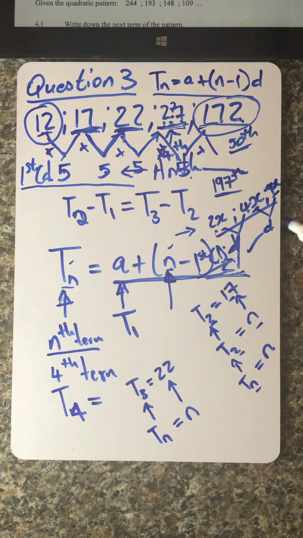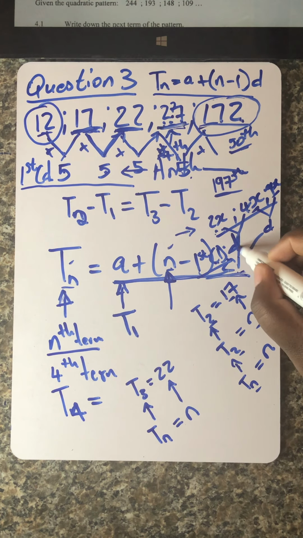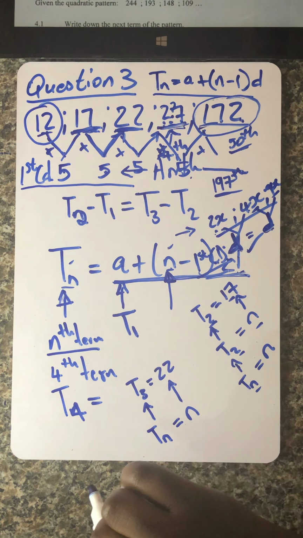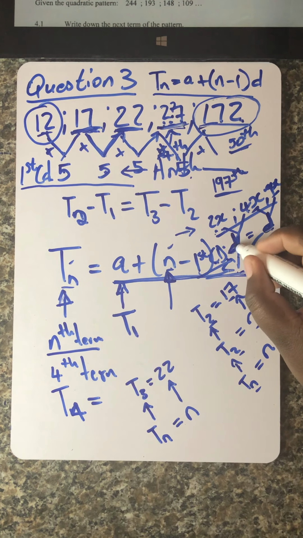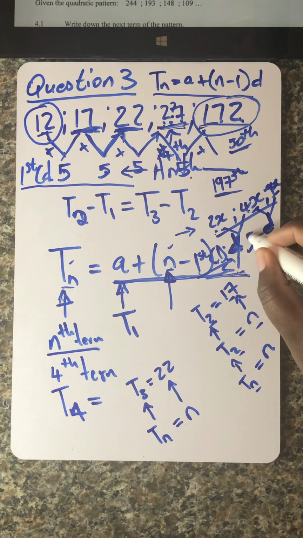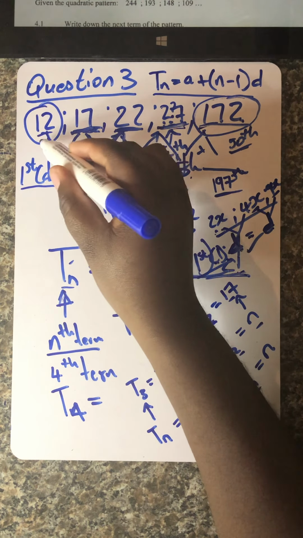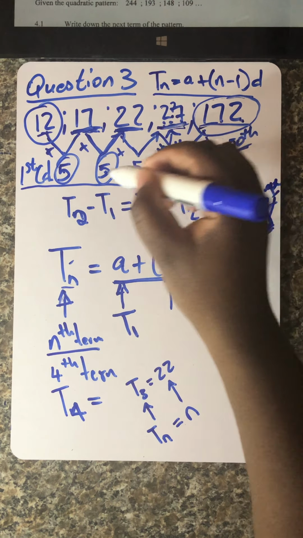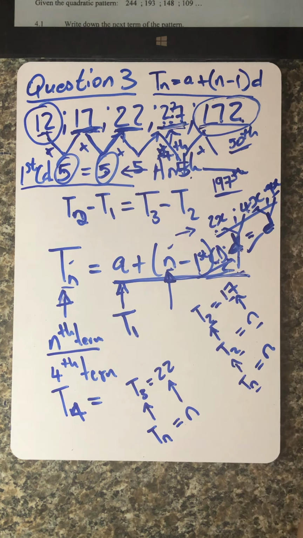So the first CD, according to me, meant the first common difference, which refers to arithmetic sequence or linear pattern. Okay, so ladies and gentlemen, because you've got the first CD, it means this CD and that CD is the same. Okay, that difference and that difference is the same, just like you've seen on this given pattern that this difference and that difference is the same. So that means they're equal. Okay, very, very much important, guys.